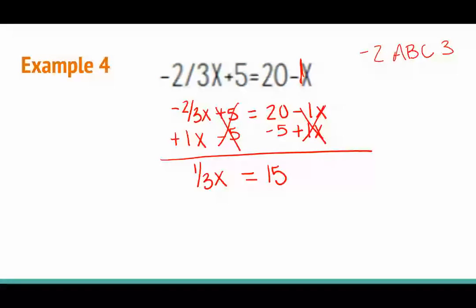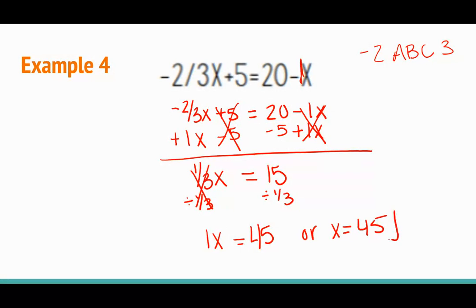We have multiplication going on, so we're going to divide by 1/3. And whatever we do to one side, we do to the other. 1/3 divided by 1/3 is just 1x. And 15 divided by 1/3 in our calculator, 15 divided by 1 ABC 3, is 45. So 1x equals 45, or just x equals 45, because the 1 is technically invisible.